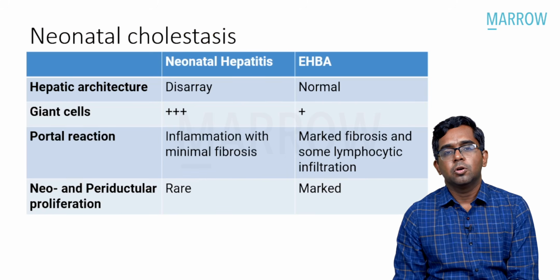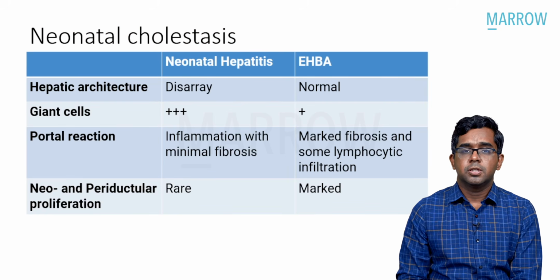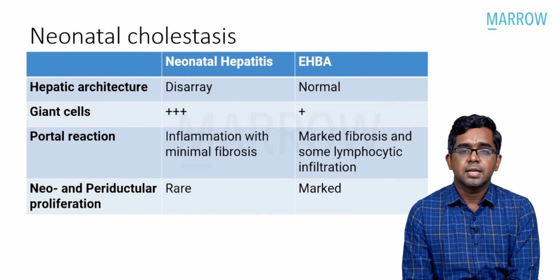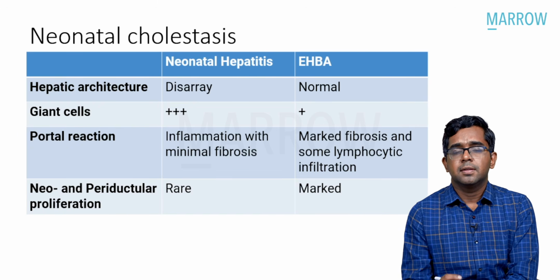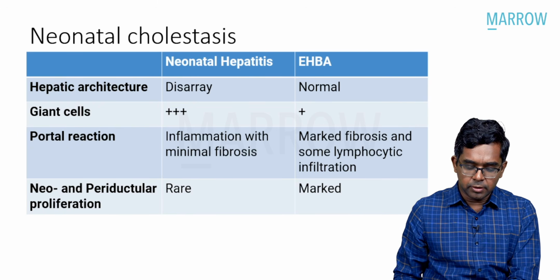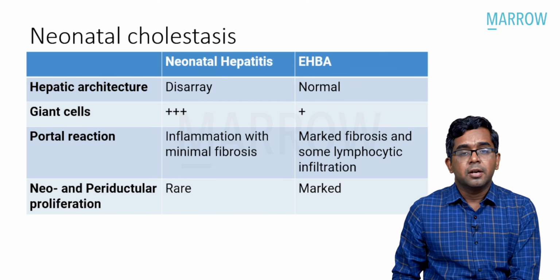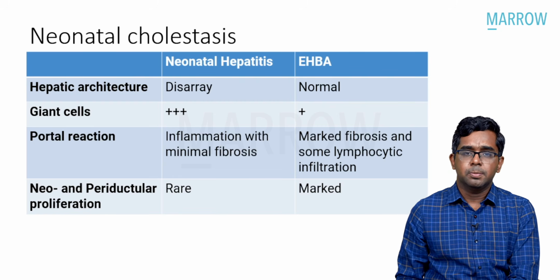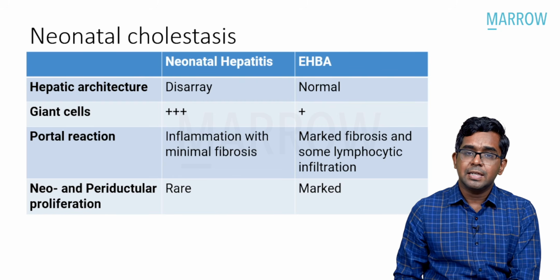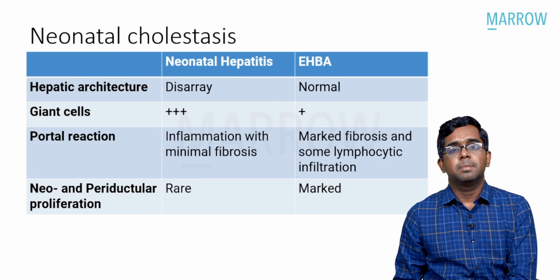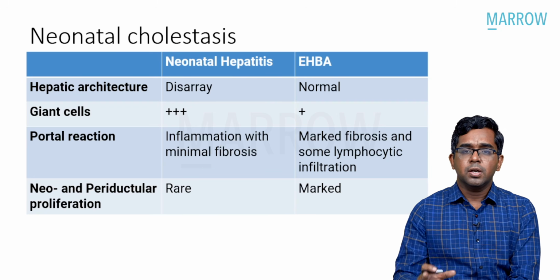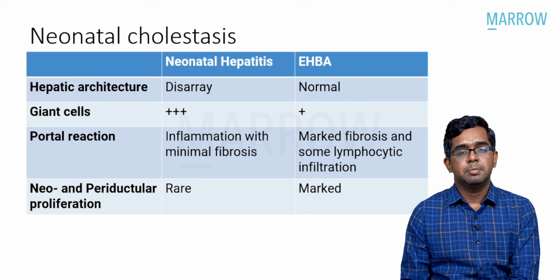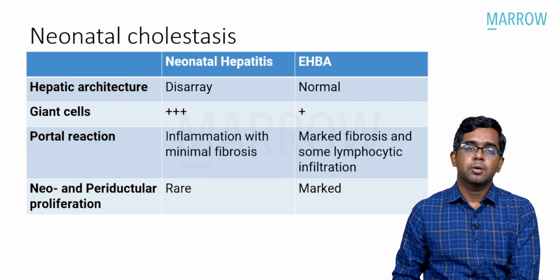Remember, whenever a small baby presents with increased conjugated bilirubin level, we call that condition neonatal cholestasis, and there are two important conditions in neonatal cholestasis: neonatal hepatitis, also called idiopathic neonatal hepatitis, and EHBA, or extrahepatic biliary atresia. What I have put up is the differences between the two conditions based on liver biopsy finding.